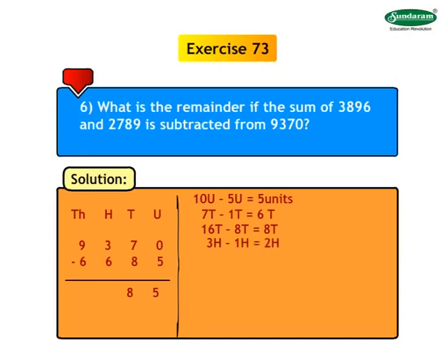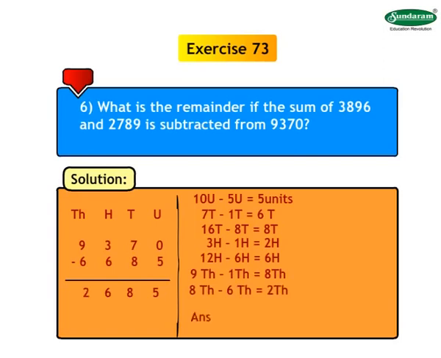Again, we cannot subtract 6 from 2. So we borrow 1000 from 9000. 1200 minus 600 is equal to 600. 9000 minus 1000 is equal to 8000. Thus, 8000 minus 6000 is equal to 2000.